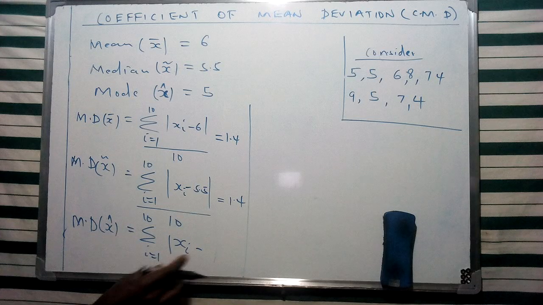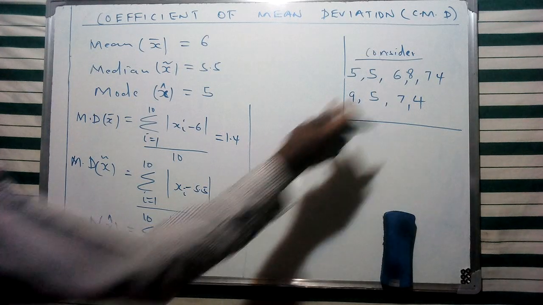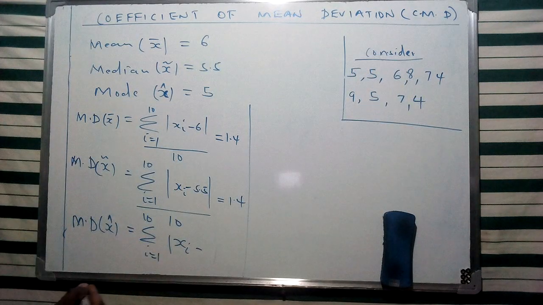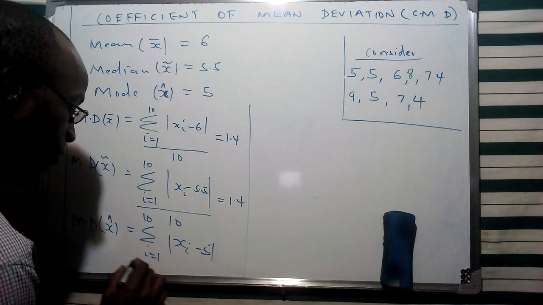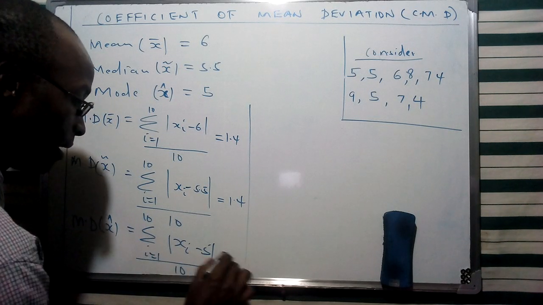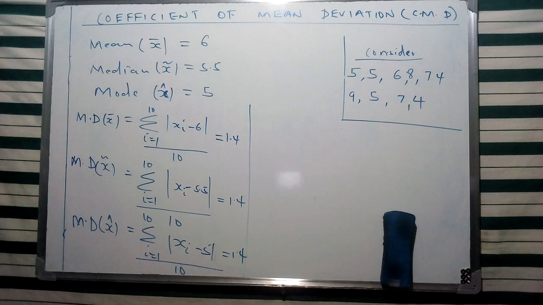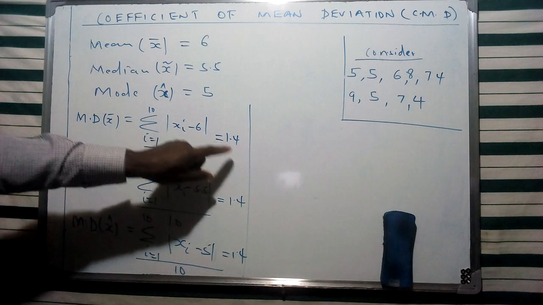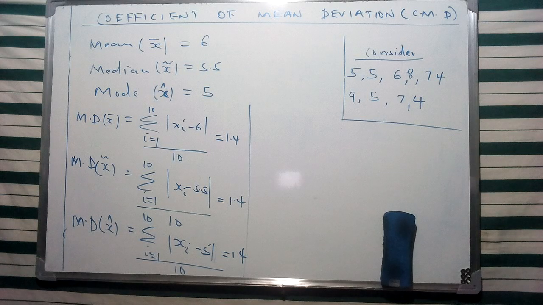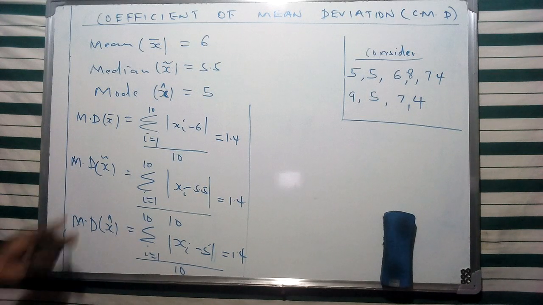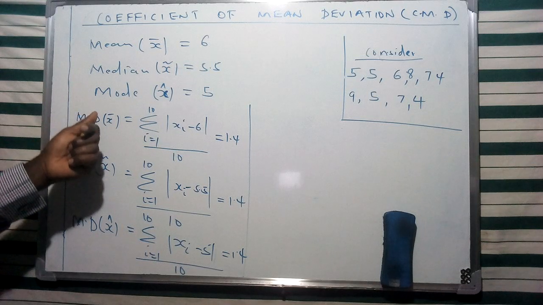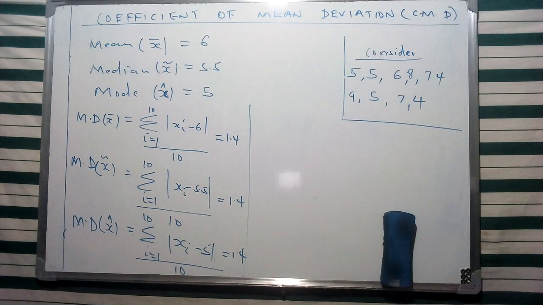So the difference between the values of x_i, which represent individual values, and of course the mode, which was 5, is divided by 10, and this one as well gave us the value of 1.4. So this particular result was consistent for the mean, median, and mode for the various mean deviations about the various averages which we have listed in terms of that specific distribution.